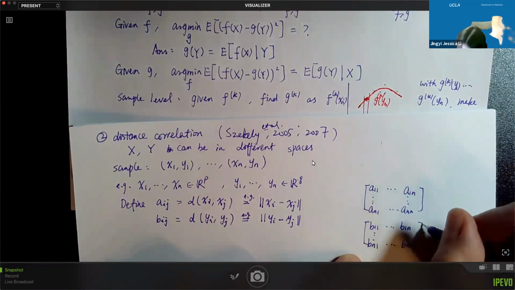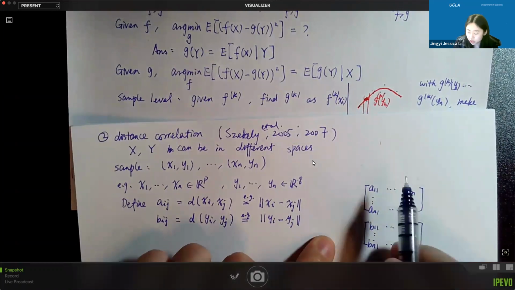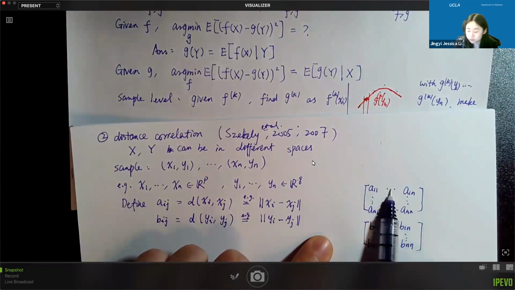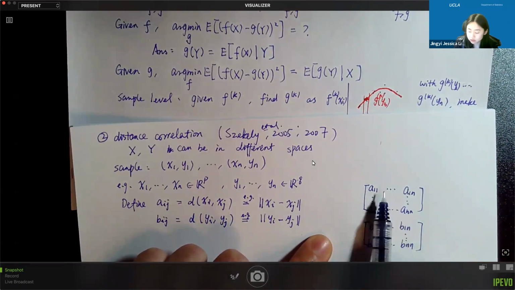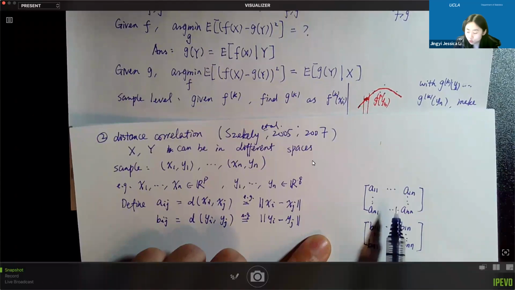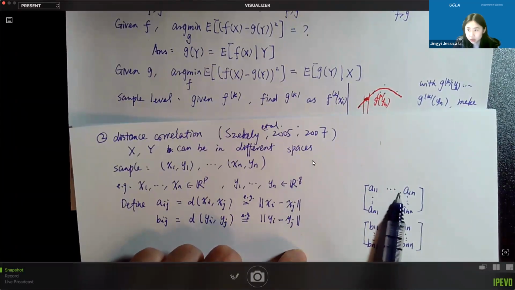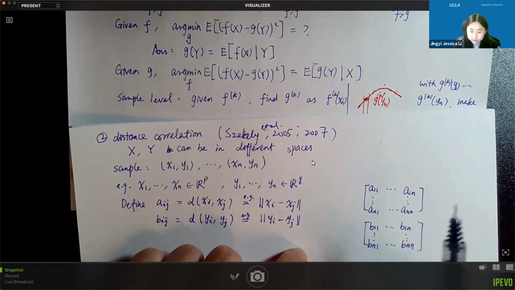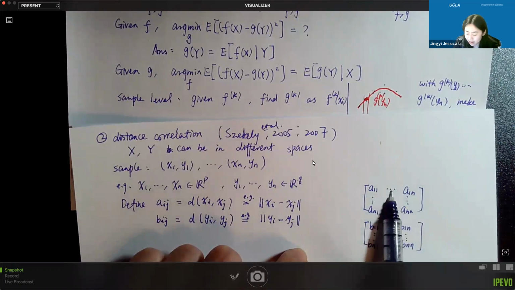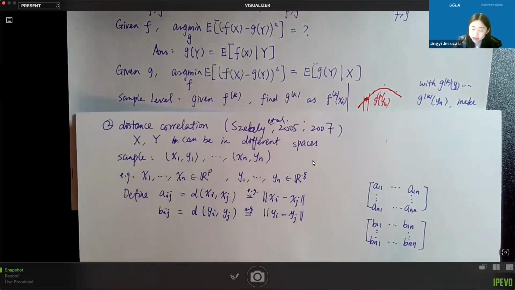That's the second matrix. So I'm going to do double centering, which means that for each entry, I will subtract its row average, I will subtract its column average, and I will add back the overall average of the matrix. The reason I need to add back is that I actually did two subtractions. If I don't add the overall average back, then the centered distances will not have mean zero. So that's why I need to do that.